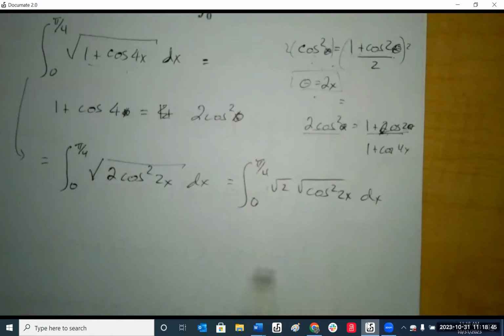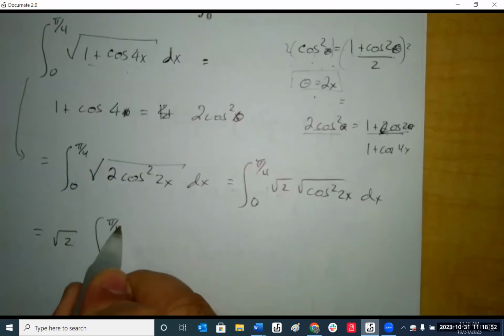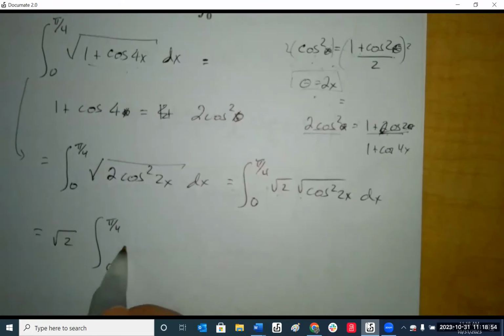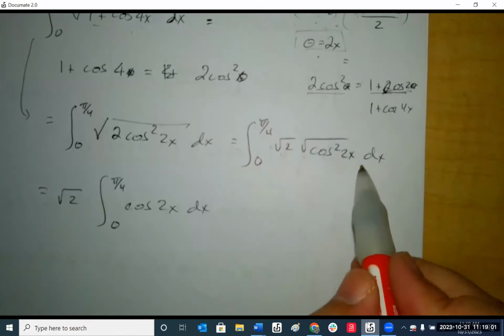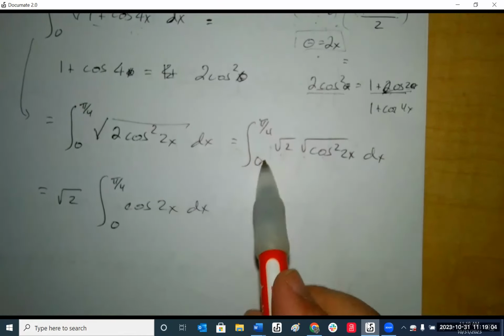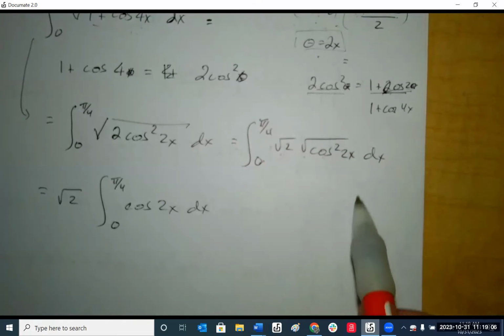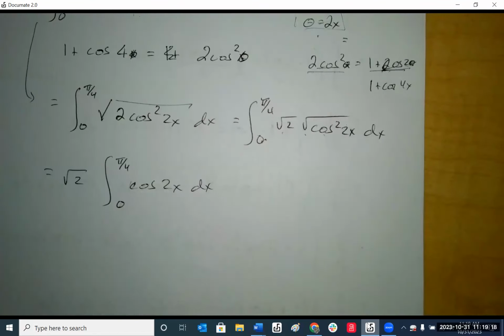Yeah, okay, good. So this is a constant. It goes out in front. The square root of cosine squared is simply cosine. You know why? Because our bound is from 0 to pi over 4. From 0 to pi over 4, cosine is always positive, so we don't have to worry about absolute values or anything. So in other words, this is always going to be greater than 0.